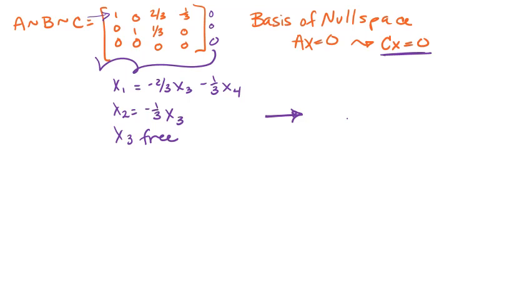This is just calculations from, I think, section 4.2. So if we want to find the basis of the null space, we end up with negative 2/3, negative 1/3, 1, and 0.